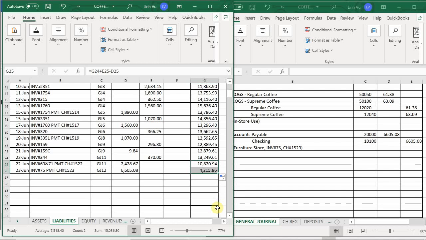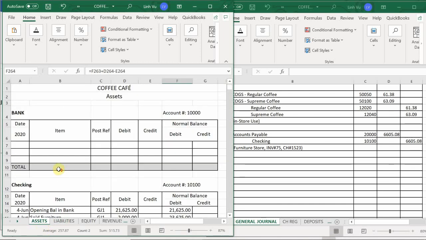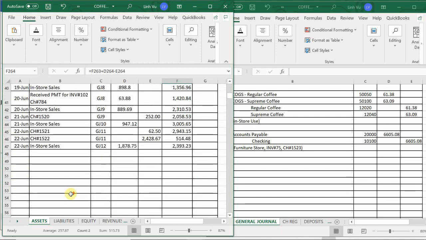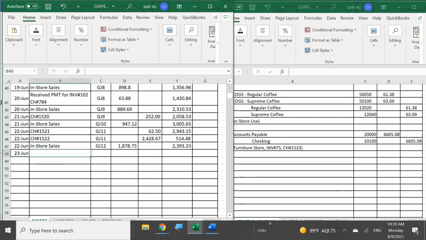Okay, then assets. Checking. Check number 1523, General Journal 12.